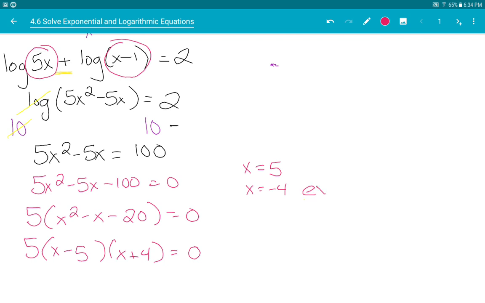Negative 4 is not going to work. So negative 4 is the extraneous solution. If I can spell it correctly, sorry for my mistakes. So extraneous solution is negative 4. 5 is definitely valid though, right? 5 times 5 is 25, and 5 minus 1 is 4. So those definitely do work.